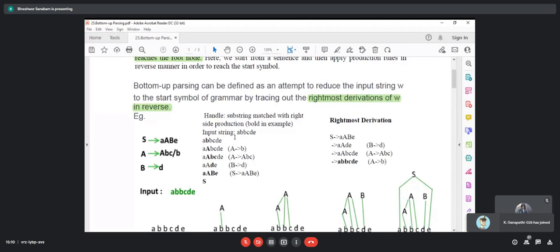Our aim in bottom up parsing is to take our input string and derive our start symbol S.